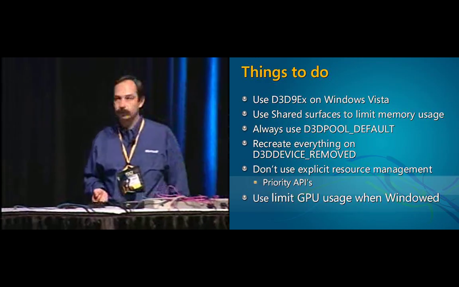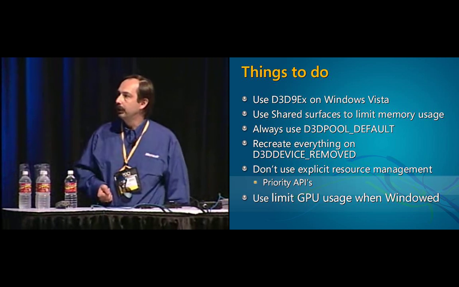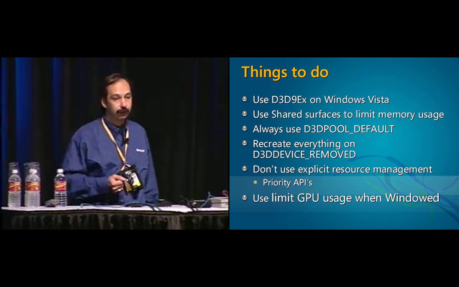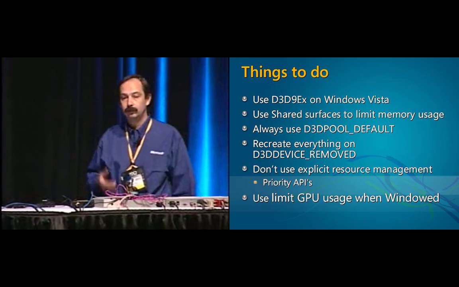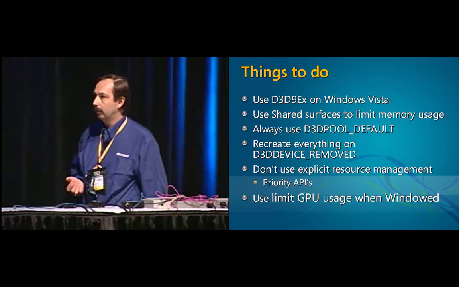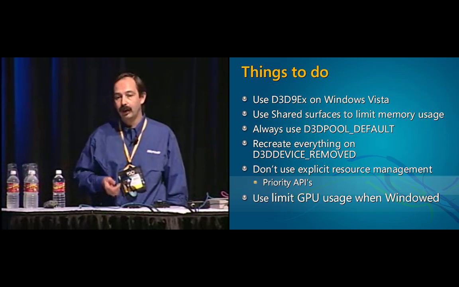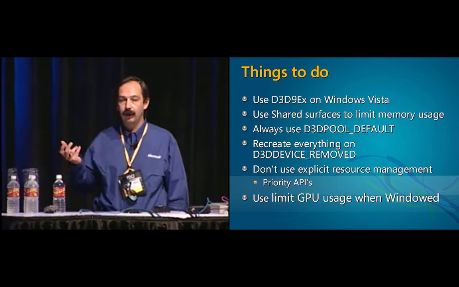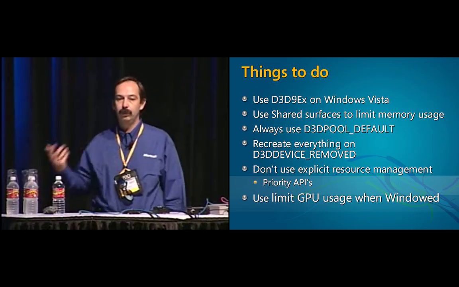So things to do. Obviously, use D3D 9EX on Windows Vista. Use shared surfaces to limit the memory usage. Always use pool default rather than pool managed when you're using the new API. It'll save you memory. It'll also save you CPU time, because one of the things about pool managed is the D3D runtime is going to do work in the background to make sure that those backed up system images get moved into pool default.